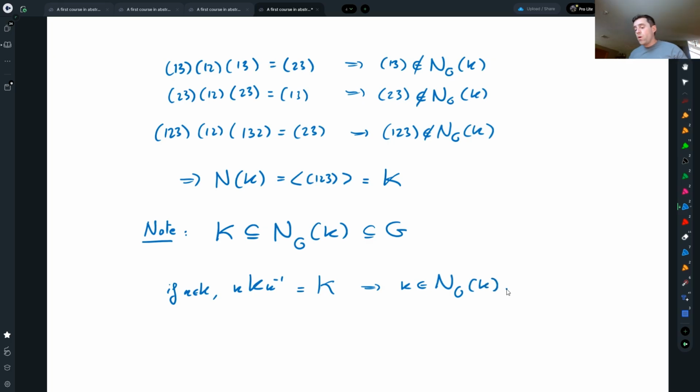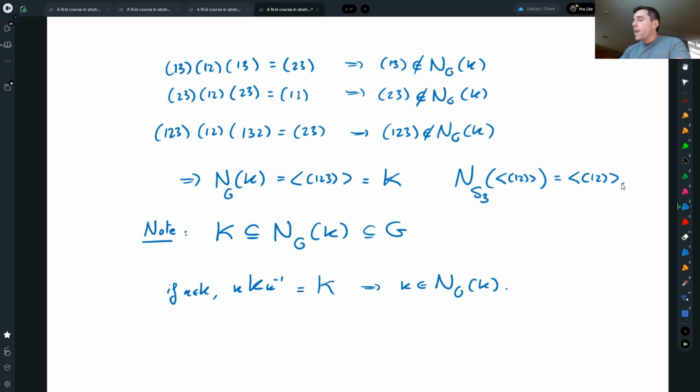All right, so we've computed then that in S3, the normalizer of the subgroup generated by (1 2) is just the group itself.